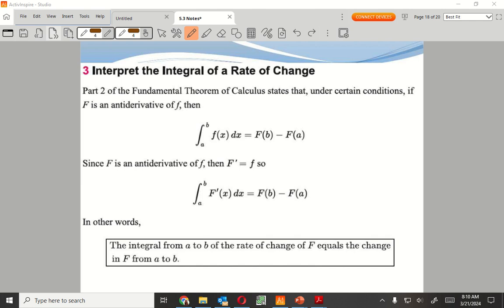Okay, so interpreting the integral of a rate of change. Part 2 of the Fundamental Theorem of Calculus states that under certain conditions, if capital F is an antiderivative of f, then as we plug this in, we get F of b minus F of a.